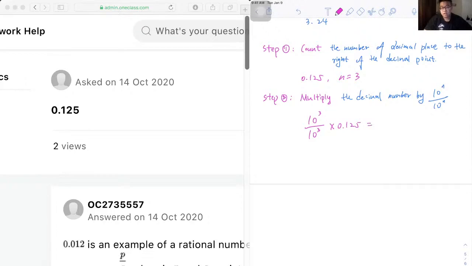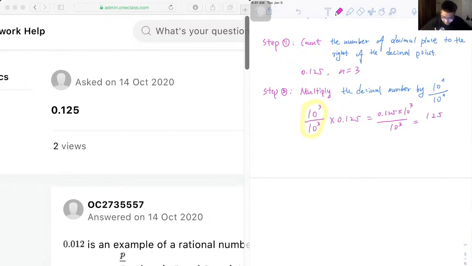And that does not change the original value of 0.125, since the denominator and numerator of this fraction are exactly the same, so that is pretty much times 1, which still gives the value of the number itself, right? So we have 125 over 1,000.